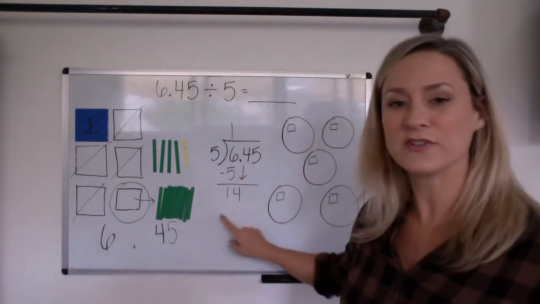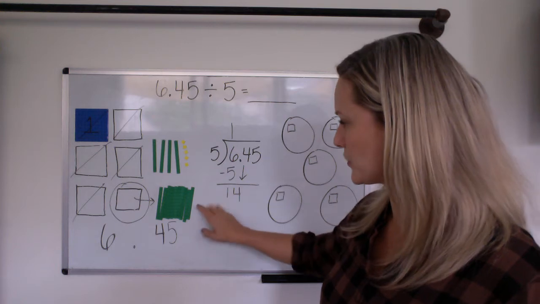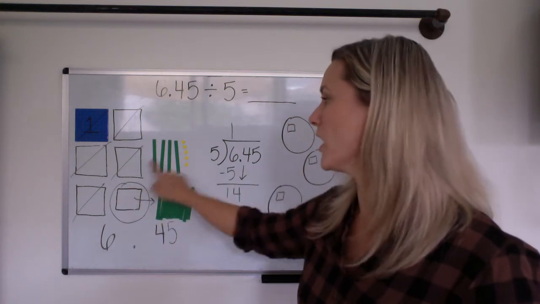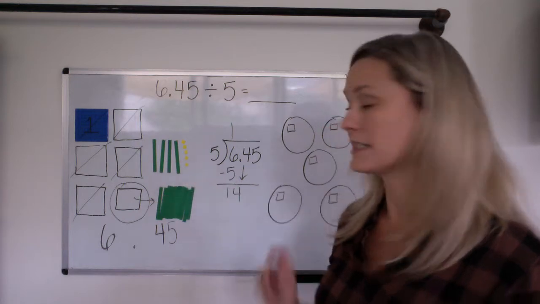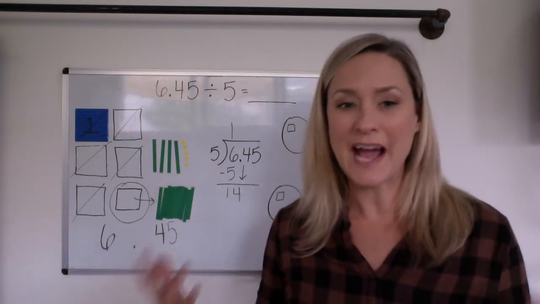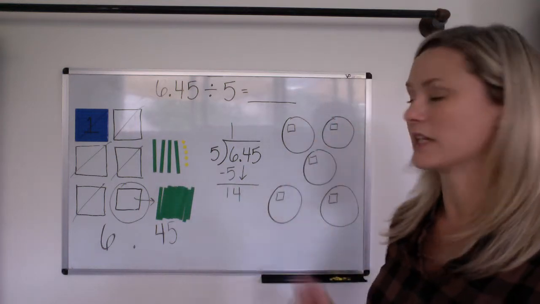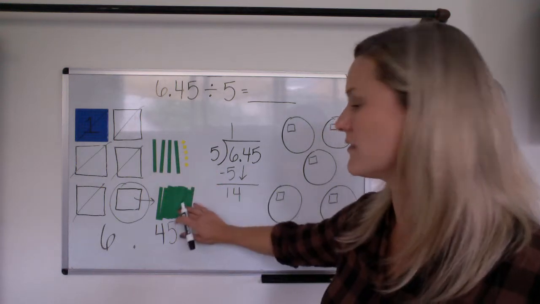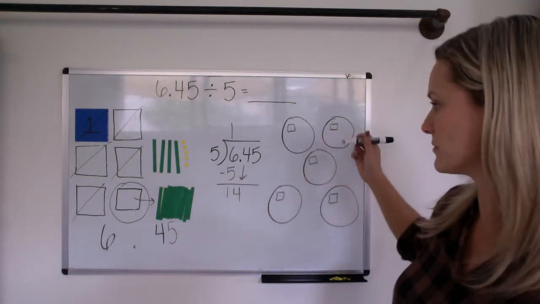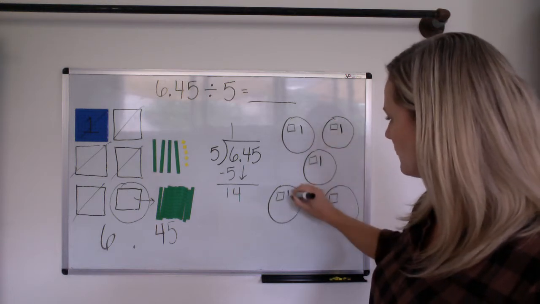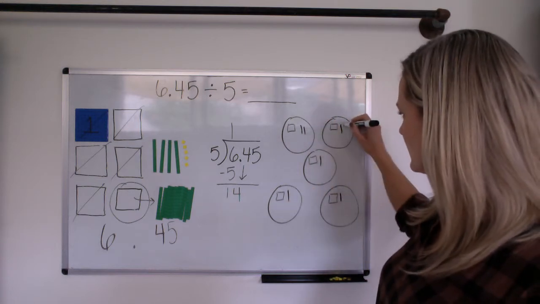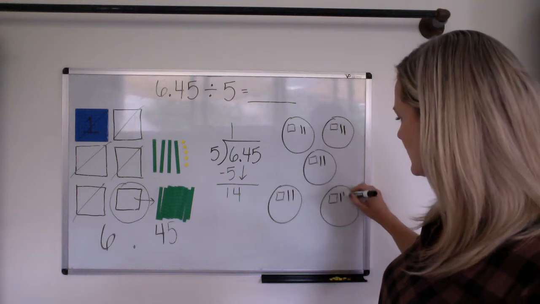Okay, so now can you see that 14 is actually representing our 1 and 4 tenths, otherwise known as 14 tenths. So now we can start putting them equally into groups. So we've got 14 of them, and we have to divide it by 5 groups. So let's go. Ready? 1, 2, 3, 4, 5, 6, 7, 8, 9, 10.